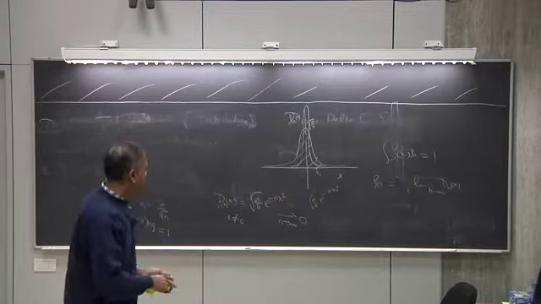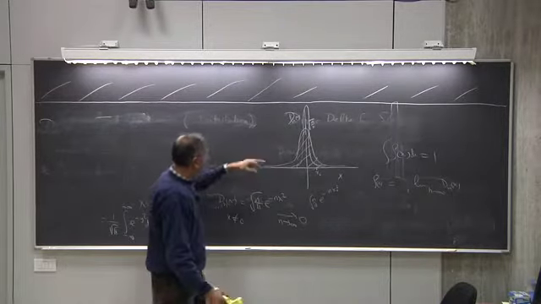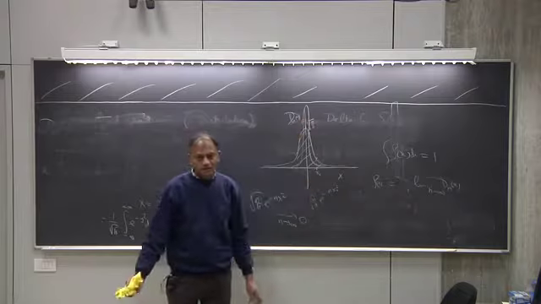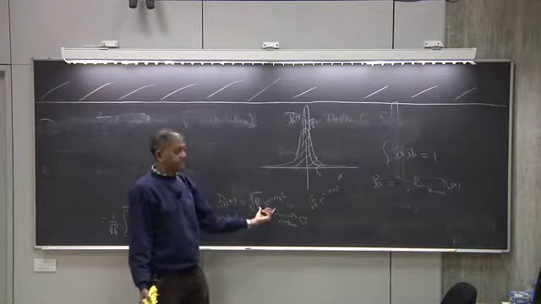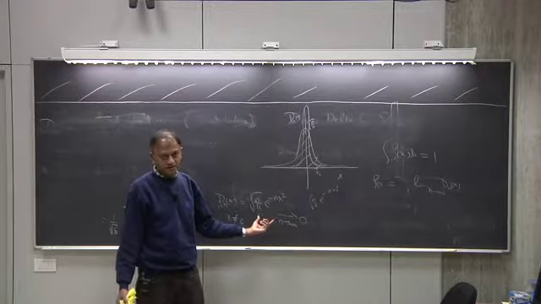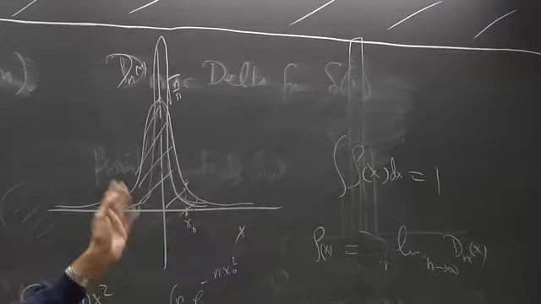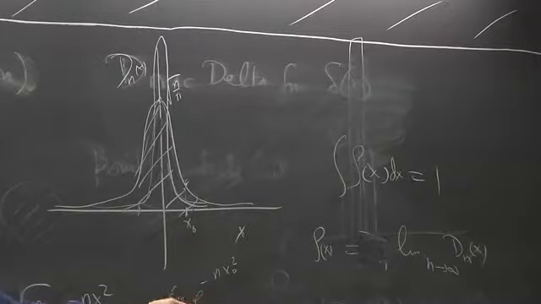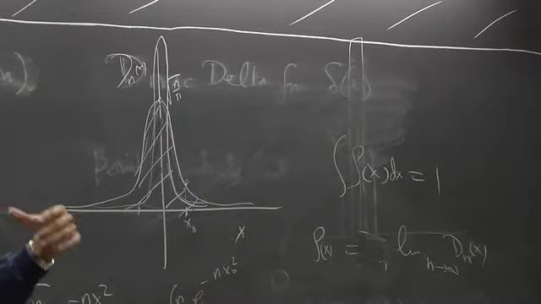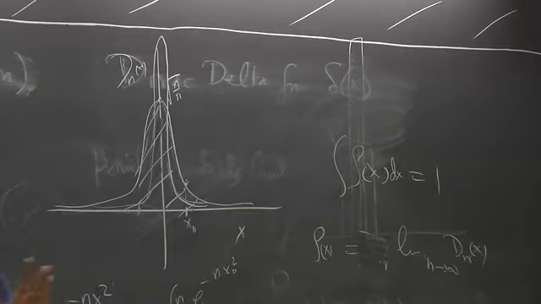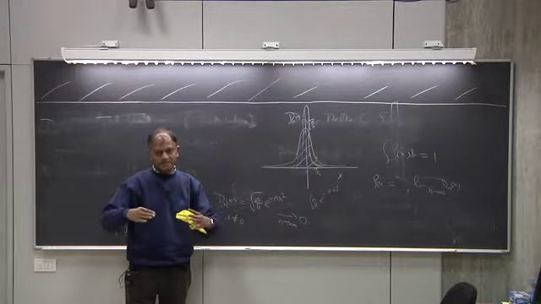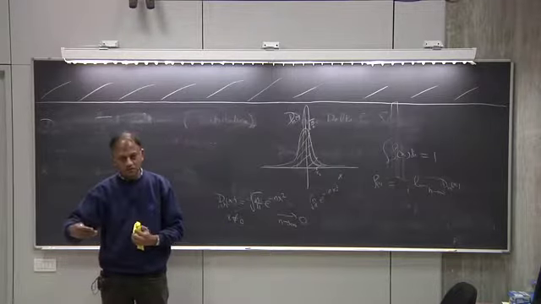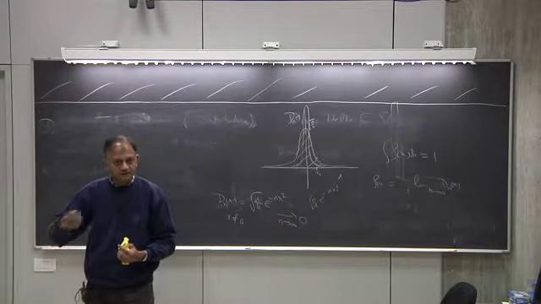If you use a sequence of functions which are themselves discontinuous, the derivatives will not make sense. Whereas if you use d_n(x), this is perfectly differentiable any number of times. So you can define any number of derivatives of the Dirac delta function, as we will see now. That's why you want to use completely smooth functions, so that all the operations, particularly derivatives, can be carried out.